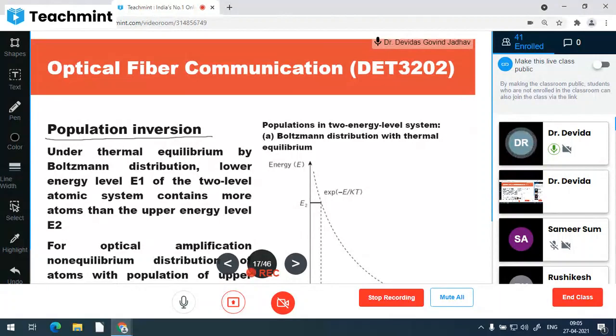To have the laser action, to have the laser output, the population inversion is required. So for stimulated emission, the population inversion is required in the crystal. That will start the laser action or emission from the laser device.